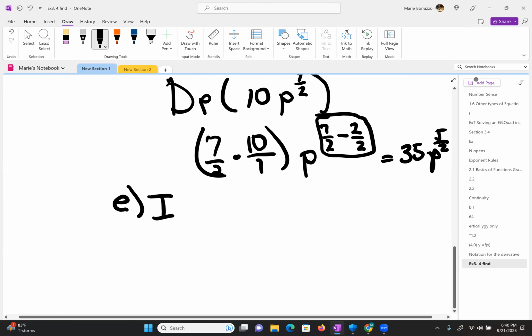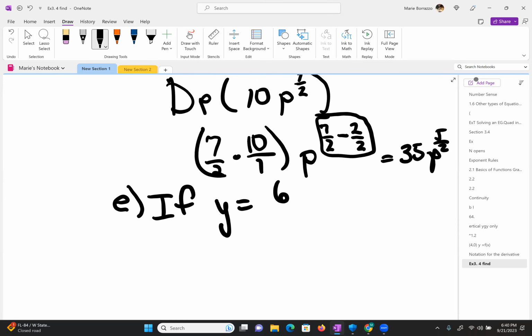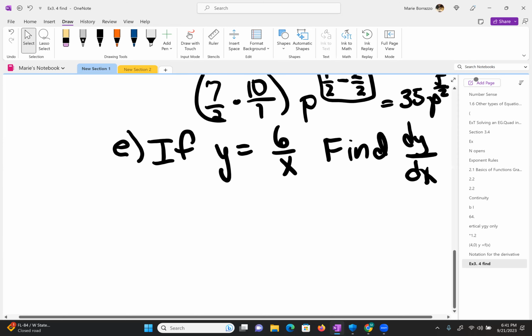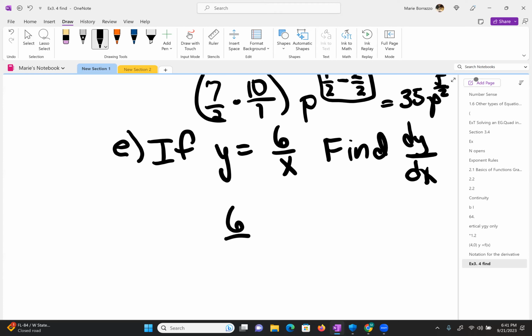All right, part E. If I have y equals 6/x, I want you to find the derivative. Find dy over dx. Do you think you can do this one? We already did a few of these. What would you move? You have 6/x.